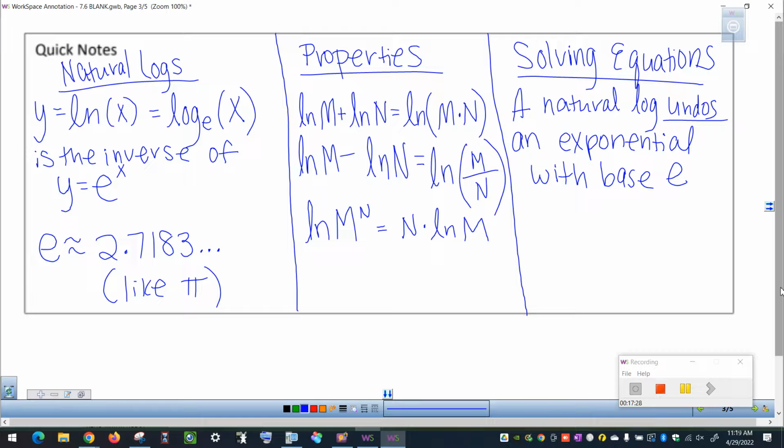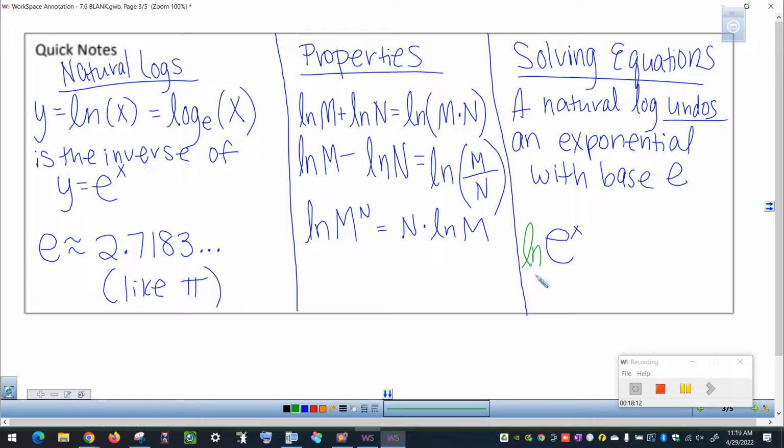Okay, so here are two situations where we could use them. Let's say we are solving an equation, and we have e to the x, so our x is in the position of an exponent. We want to get that x out of the exponent and down onto the ground. Because this is an exponential with e as the base, the way we undo that is by taking the ln.